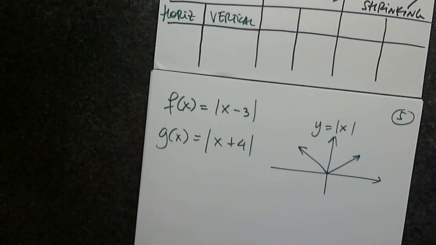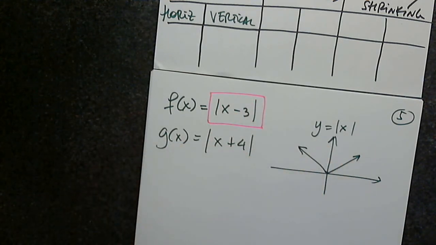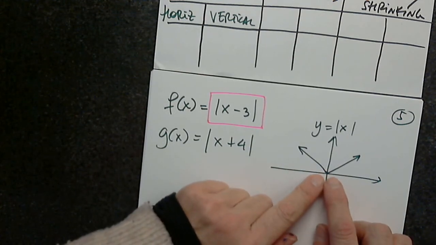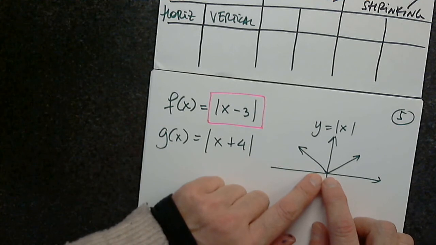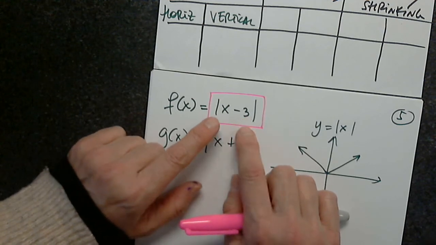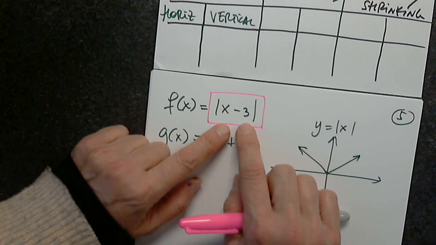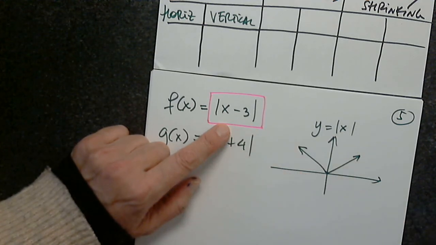Now the question is, how do I graph this? Where is the x-intercept for this graph? At 0. Excellent. Where do you think the x-intercept for this graph will be? The x-intercept means what?